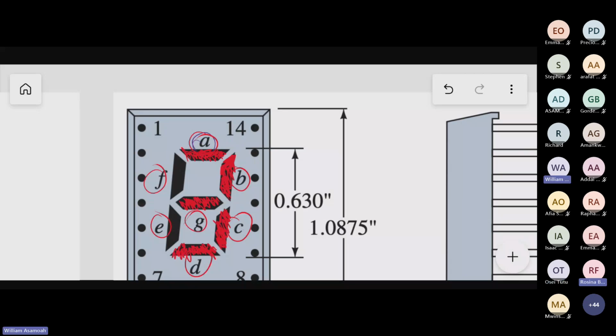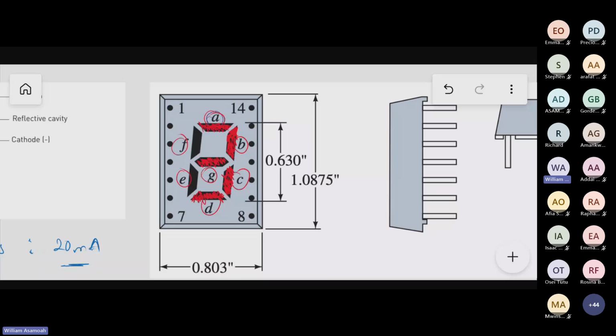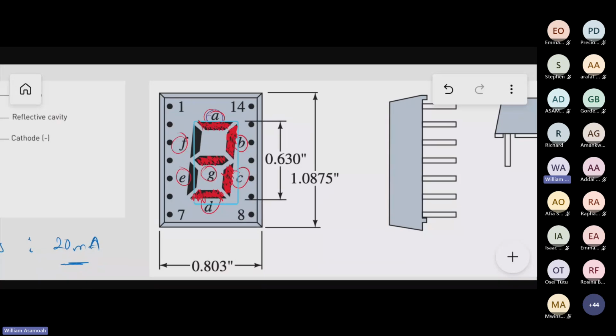Okay, 7-segment display. Let's go over it. You've seen it around. When you go to the filling station, you see that display showing how much fuel has been dispensed for you.